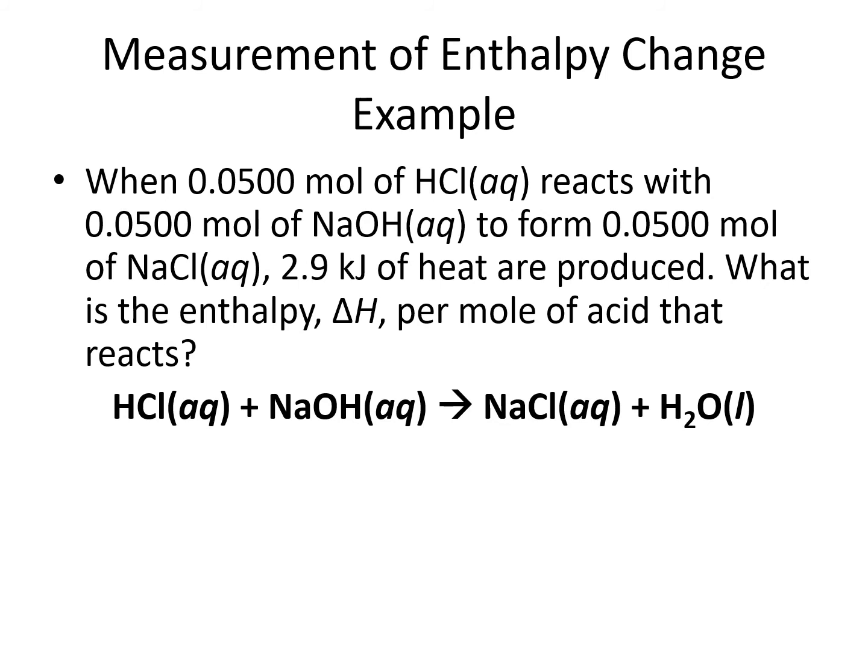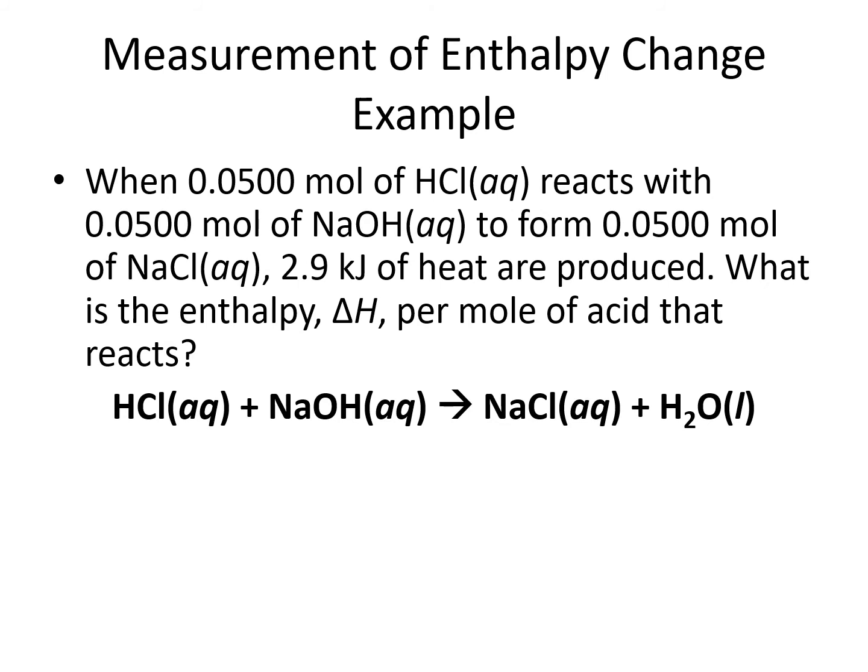What we want to find is the enthalpy per mole of acid that reacts. Essentially, since our balanced chemical equation has coefficients of 1 in front of each thing, the equation, the way it's written, is 1 mole of HCl reacts with 1 mole of sodium hydroxide to make 1 mole of sodium chloride and 1 mole of water.